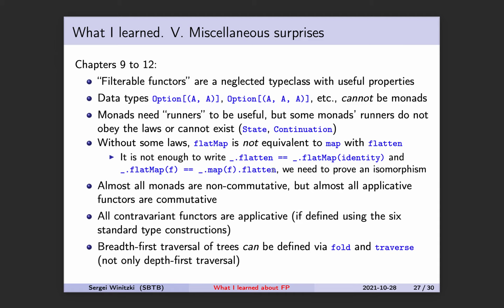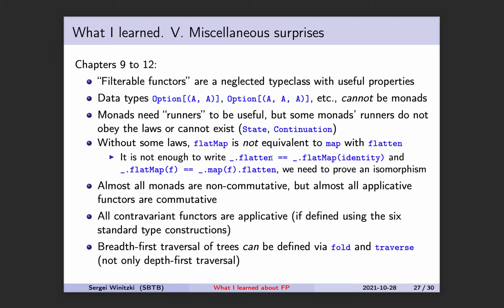Now it's equal, but it does not mean that you have equivalence. You need to prove isomorphism. You need to say that you start with flatten, you define flat map from it by this equation. Then you define another flatten through that flat map by this equation. And you must show that this flatten is the same as the one you started with.